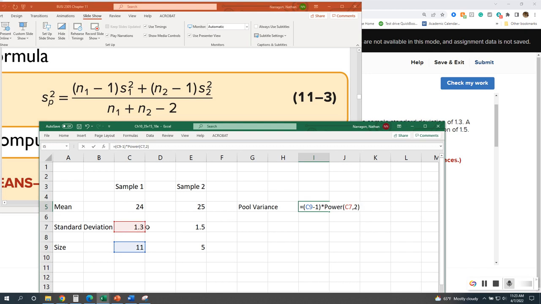Plus our sample size, minus 1 for population 2, multiplied by the power of population 2 standard deviation, comma 2. Okay. So there's 25.9. So this is the numerator.